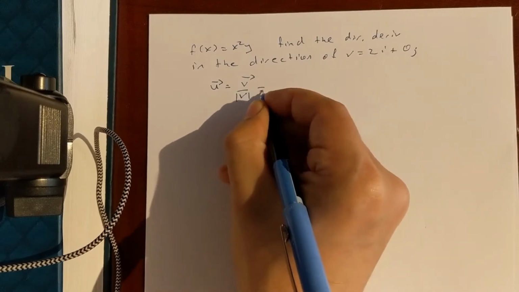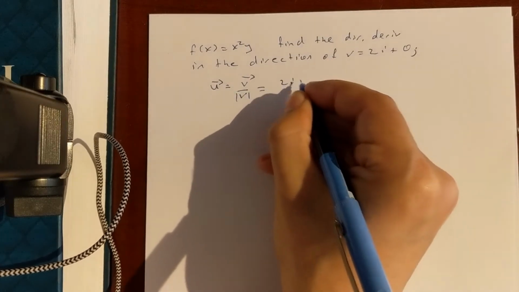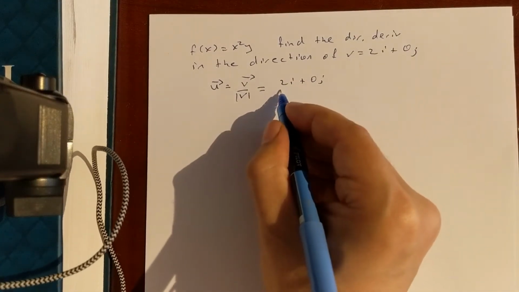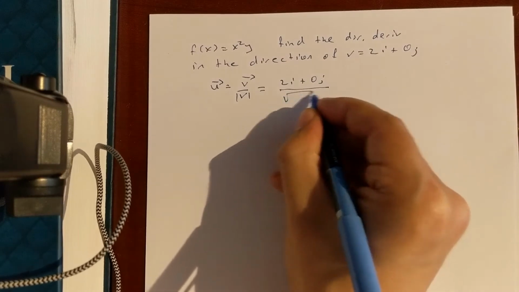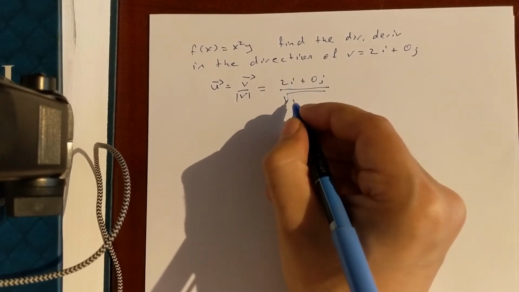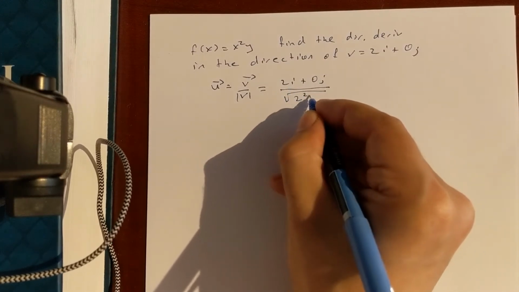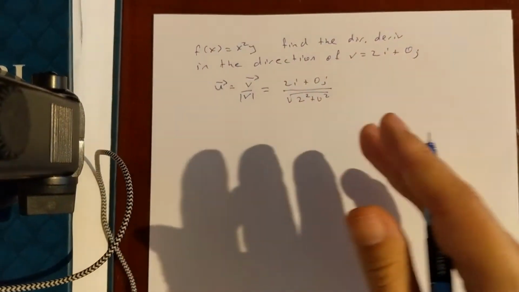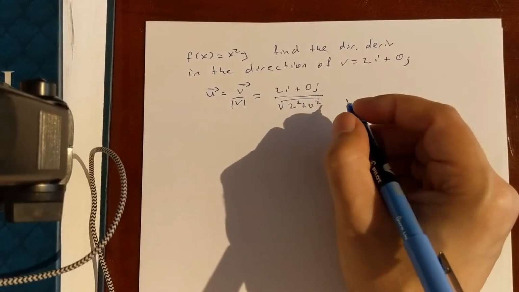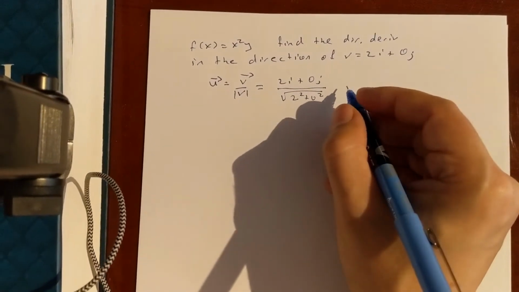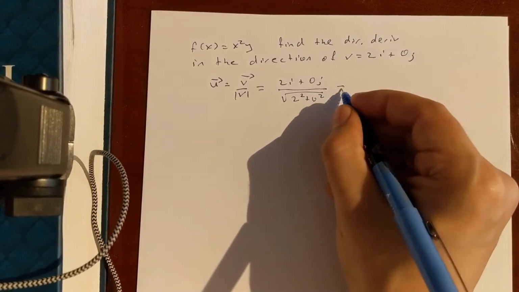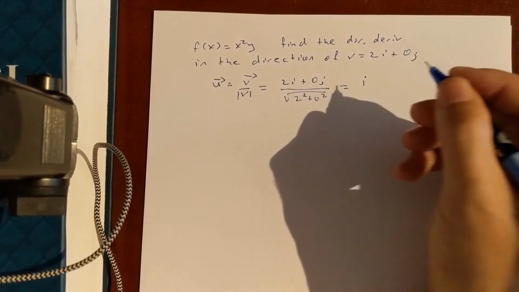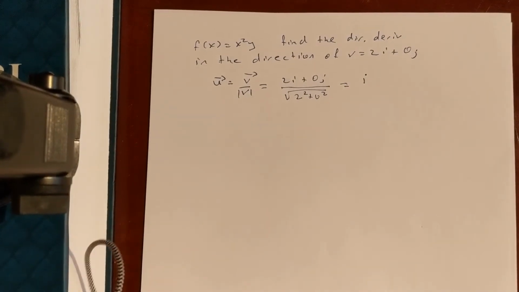Now of course v is 2i plus 0j. I'm going to drop the 0j in a second. And what's the length of it? Remember, it's going to have length 2, isn't it? So it's just going to be the square root of 2 squared plus 0 squared. That's going to be 4, so we're just going to get 1i plus 0j.